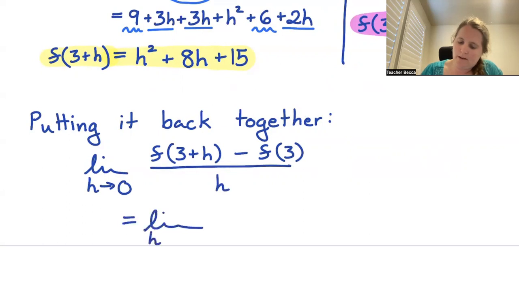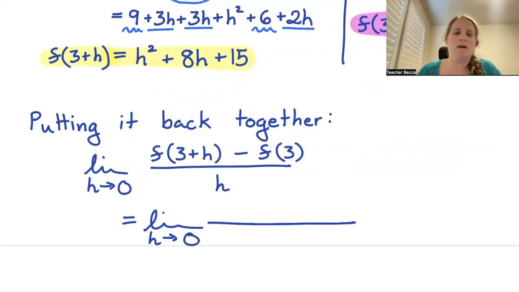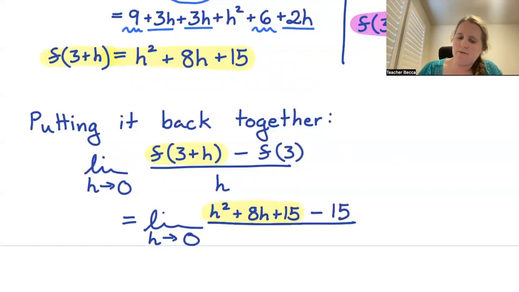We can now go ahead and plug in. This is equivalent to the limit as h goes to 0 of that f of 3 plus h, which is just h squared plus 8h plus 15. F of 3 is just 15, so we subtract off 15. And then we're dividing by h.